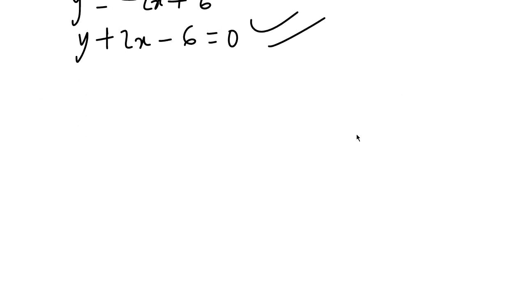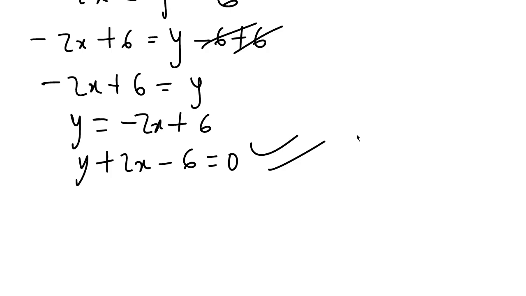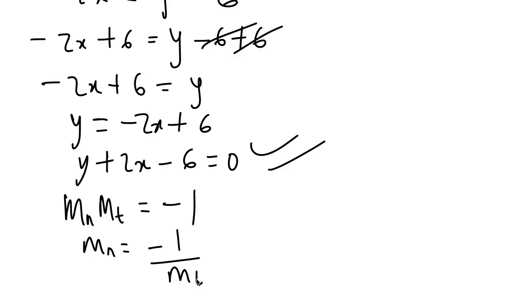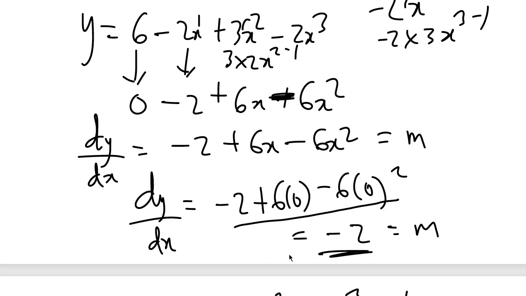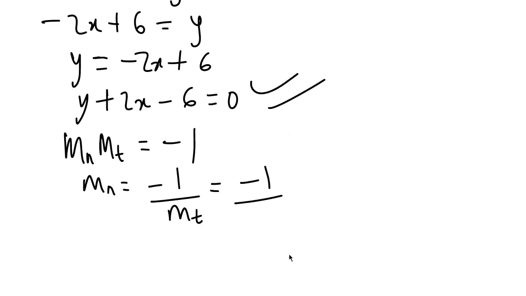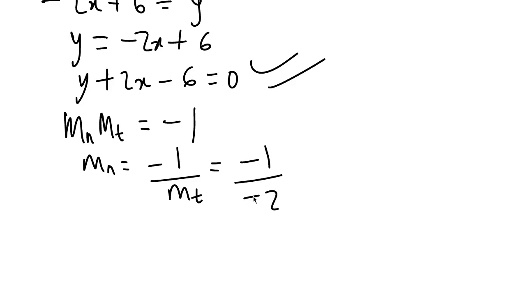But in order to get mₙ, which is the gradient of the normal, remember that mₙmₜ is equal to what? Minus 1. So mₙ is equal to -1/mₜ. And what is mₜ? We got it as negative 2, right? So -1 all over -2. So this cancels this. We have that mₙ is equal to half, right?